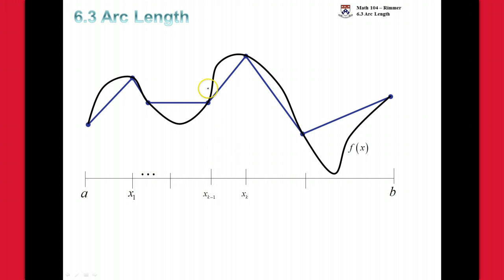And so let's just take a look at one of these subintervals here, x sub k minus 1 to x sub k. There's 2 points here, and so my function is called f of x. So this particular point has the x coordinate as x sub k minus 1, and the y coordinate is f of that. The other point that's up here has coordinates x sub k and f of x sub k.